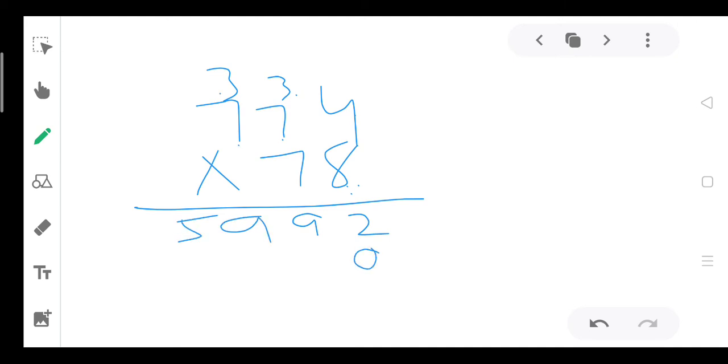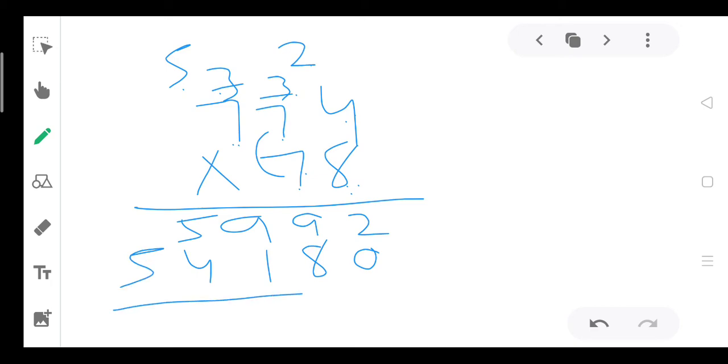Ones place put 0, 7 4s are 28, 8 we have written here, 2 goes as a new carry, 7 7s are 49 plus 2, 51, 5 goes as a carry, 7 7s are 49 plus 5, it is 54. Now we will add it. Clear? Now you can add this one.